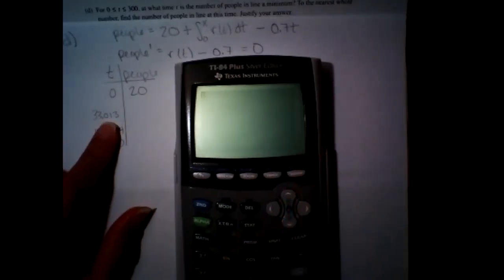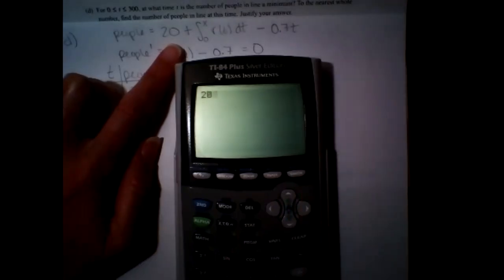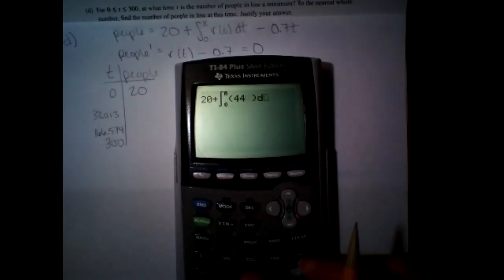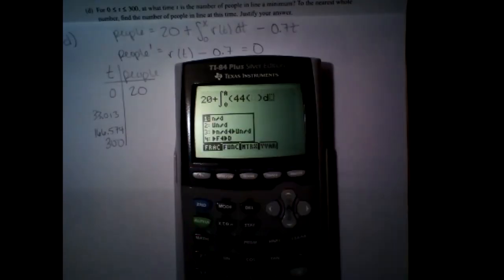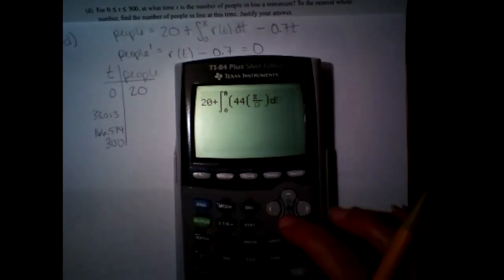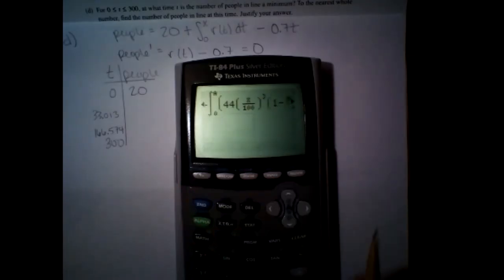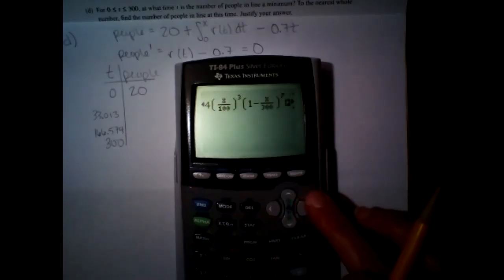All right, so now we're going to plug in this one right here. So 20 plus integral 0 to A. And then one more time, I'm going to have to type this awful function. This will be the last time though, because after this, we'll be able to bring it back to type all the others. All right, so there's that function dx.